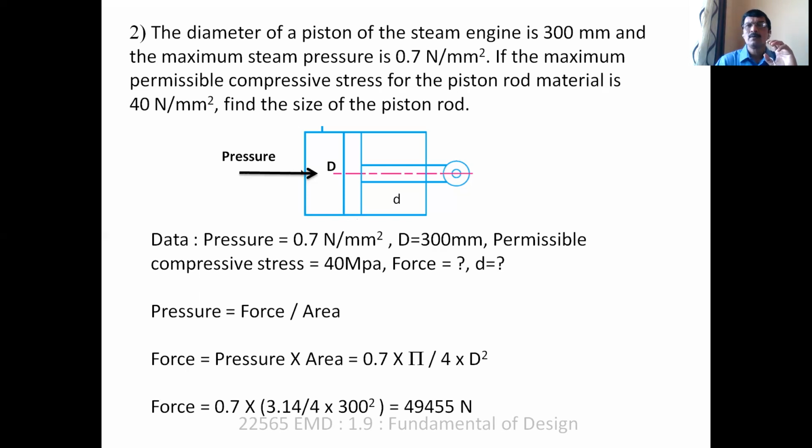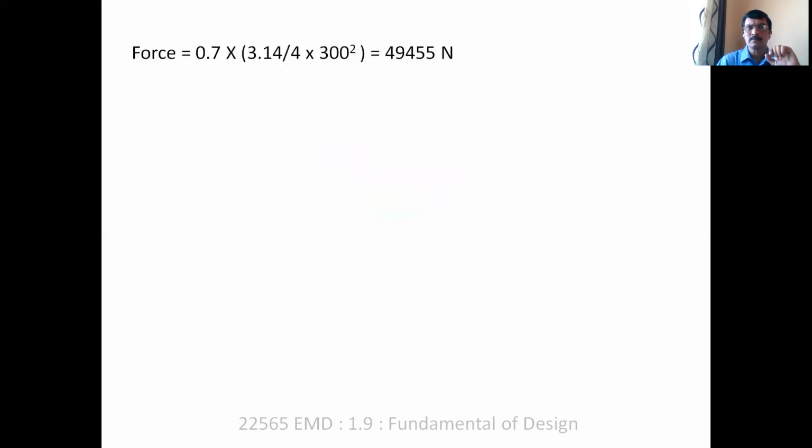We know the area of the smaller piston rod is pi by 4 small d square, and the permissible compressive stress for the piston rod is given. So now we can have the calculation of the piston rod. So how we can calculate that? Now we have a force of 49,455 newtons. So we can have 49.45 kilonewton also, if I want to speak in kilonewton terms.